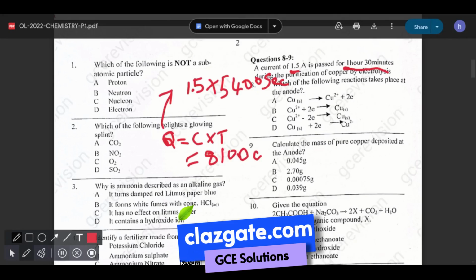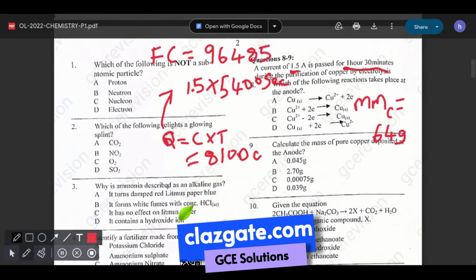We know the molar mass of copper. The molar mass of copper is 64 grams. And we know Faraday's constant is 96,485.